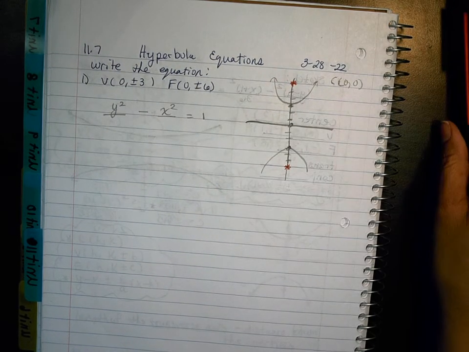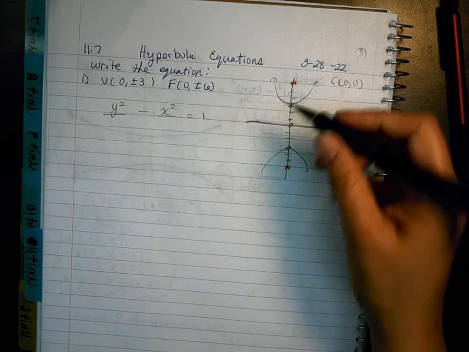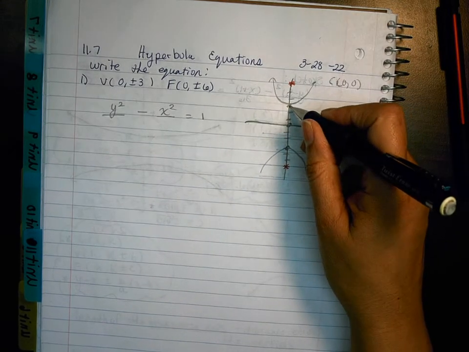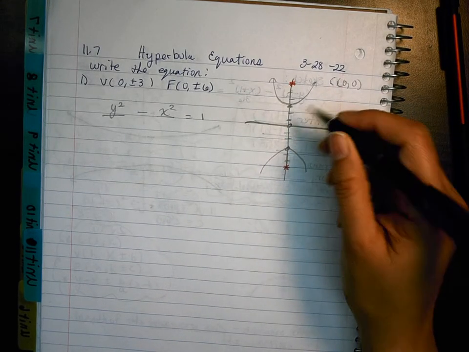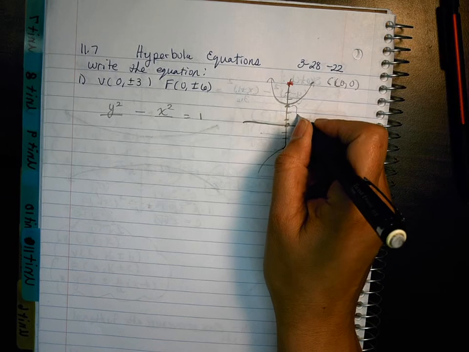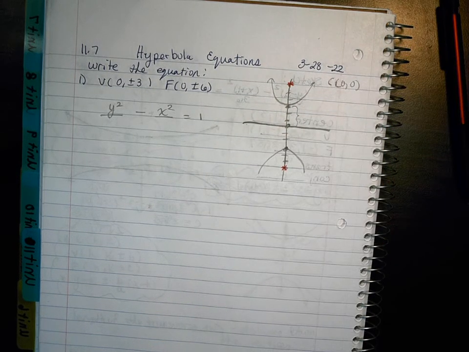Now, I know the length from the center to either vertex. It doesn't matter which one. I know this length is going to be either A or B. Which one is it if it's going up and down? A or B?